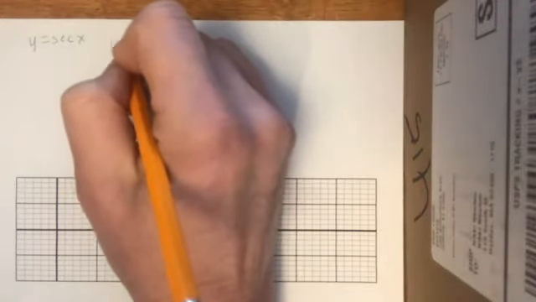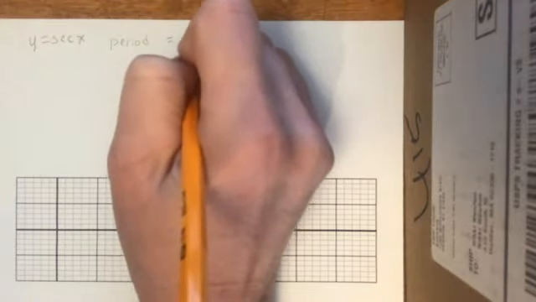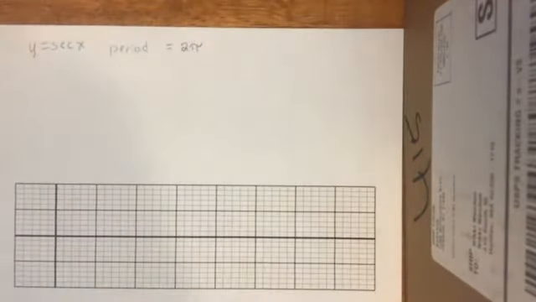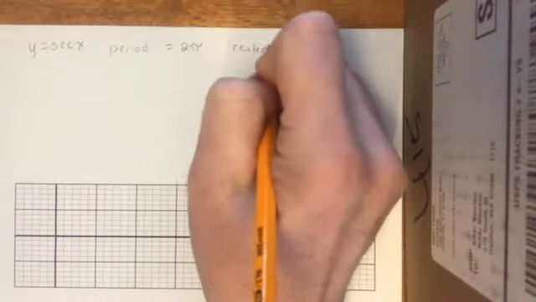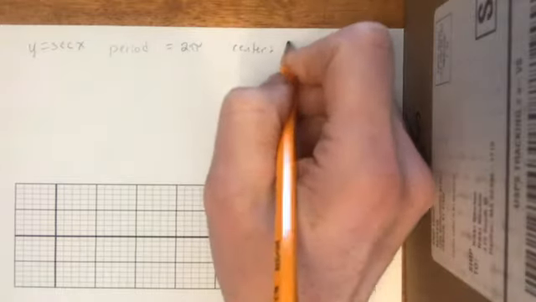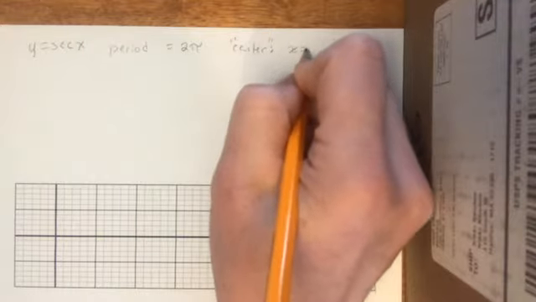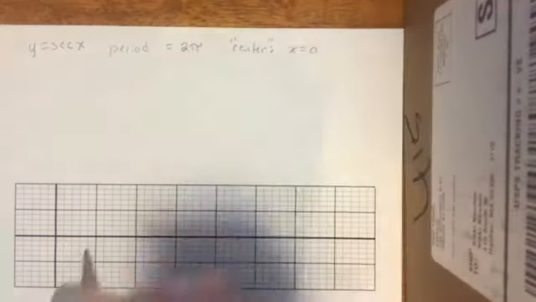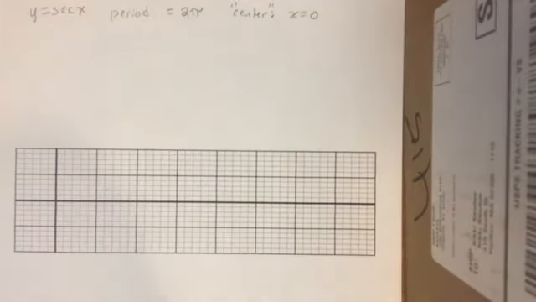The period for secant is 2 pi, much like sine and cosine, because secant is the reciprocal of cosine. And it has a center, which I'll show you what that means when we get to the graph, at x equals 0. So first we're going to graph it.